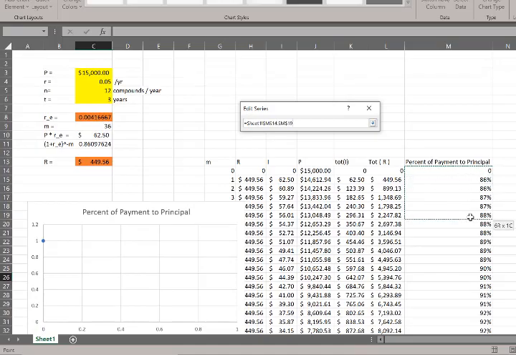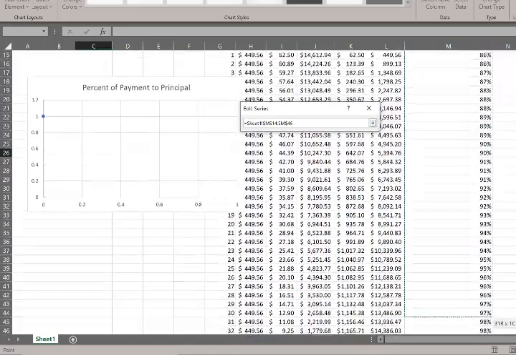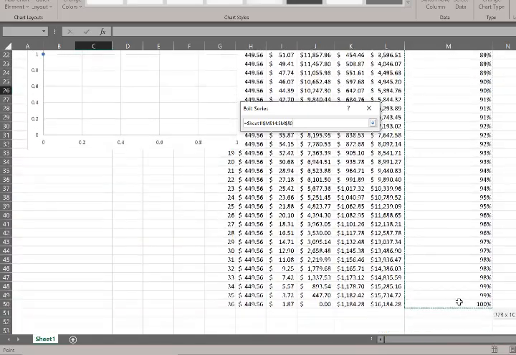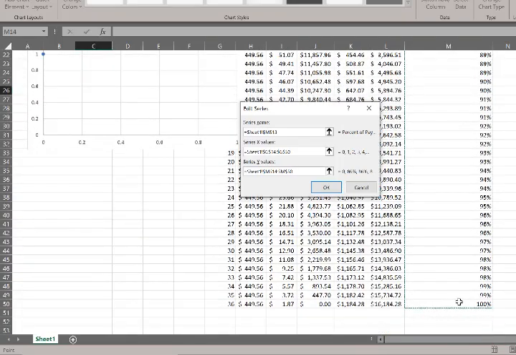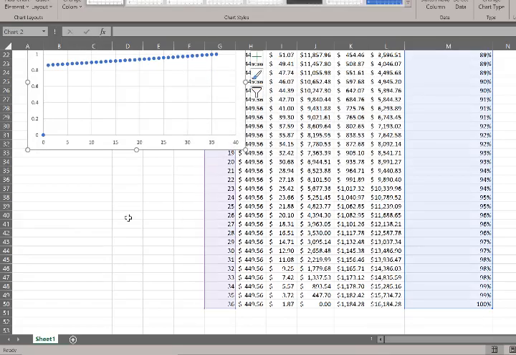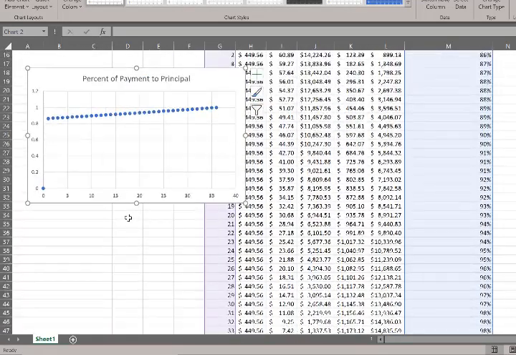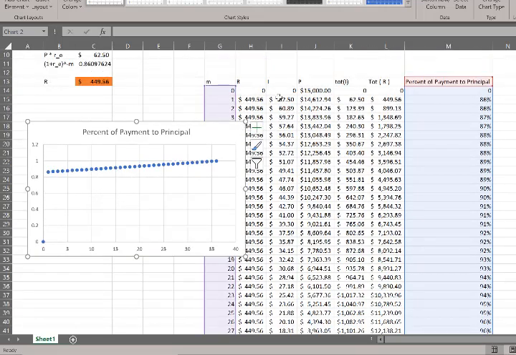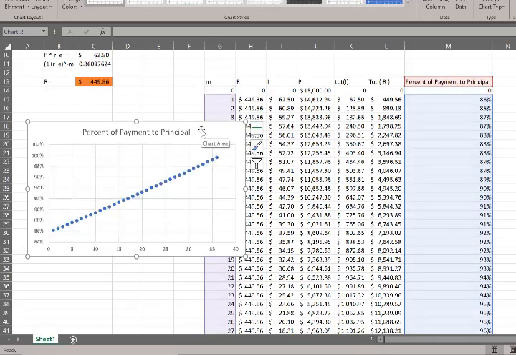And the Y values are simply the percent that goes towards the principal. This point right here is just for the very first one, that is 0 because there is no payment.